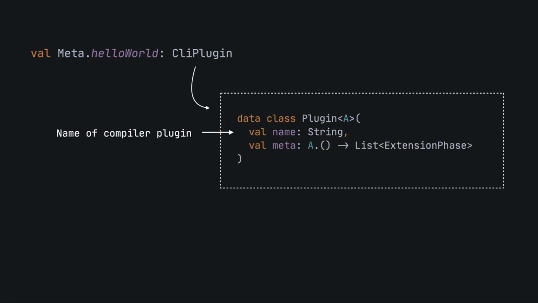The plugin object has two parameters. One is the name of my plugin, and the second is all the different ways that I'm going to hook into the compiler. So I'm going to create an instance of this object for my plugin.